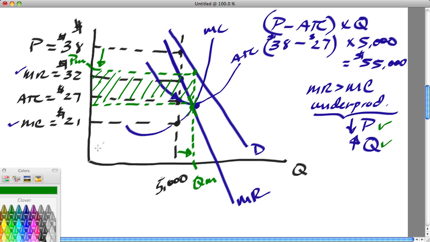So the moral of the story is this monopoly should lower its prices and increase its output rate to maximize profits. We could actually determine QM and PM if we had more data, if we knew the actual formula for demand, the actual formula for MR, the actual formula for ATC and MC, we could easily identify these optimal points.